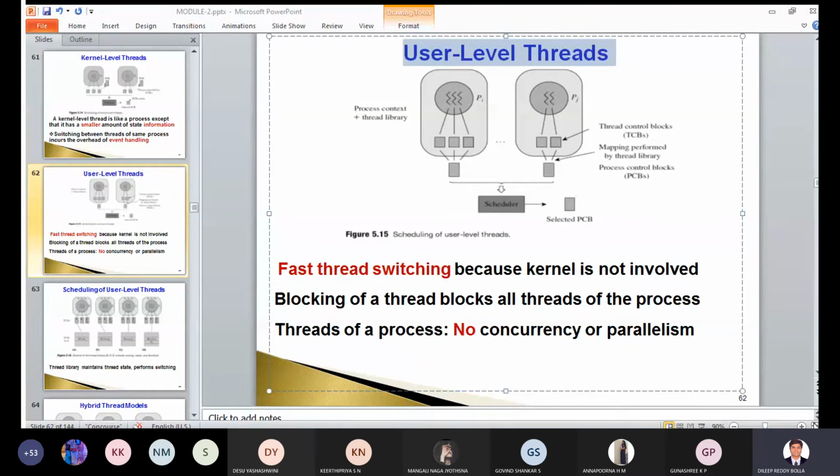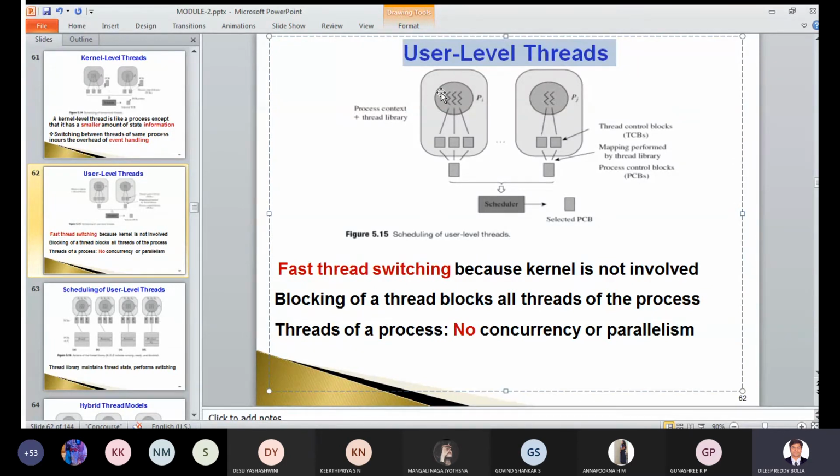Something like this. The process will invoke the library function and create a thread to be executed. Now, the library function will create the TCB. As we are seeing here in the block diagram, the process will invoke the thread library and invoke the thread.